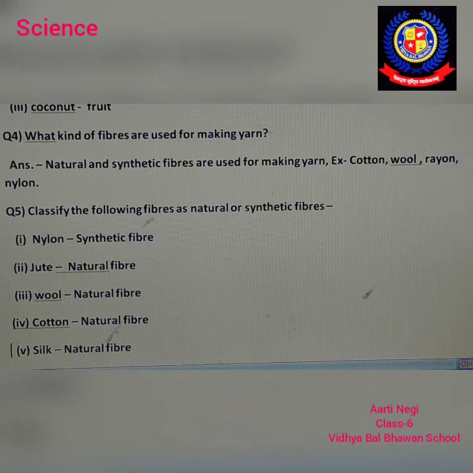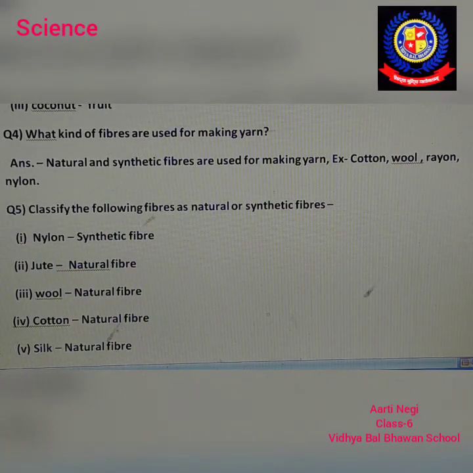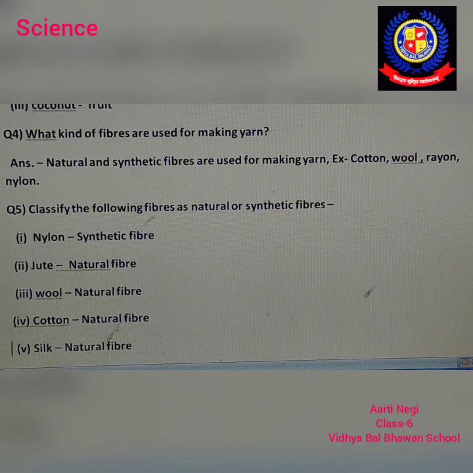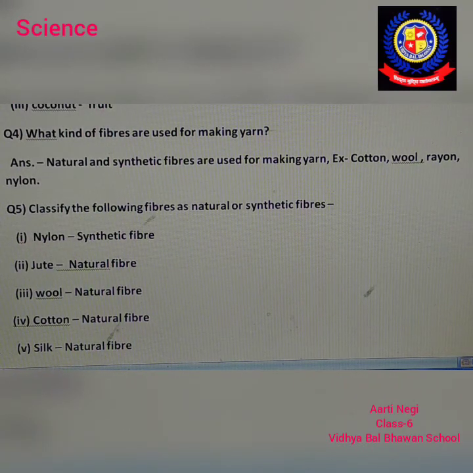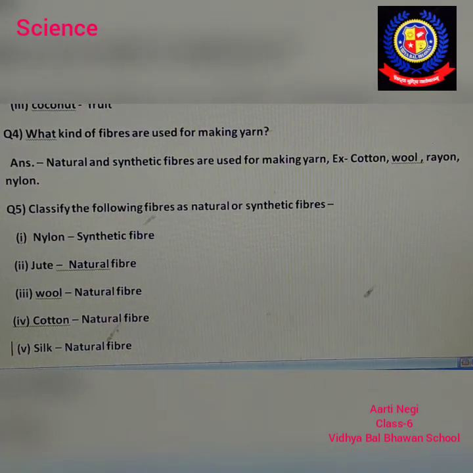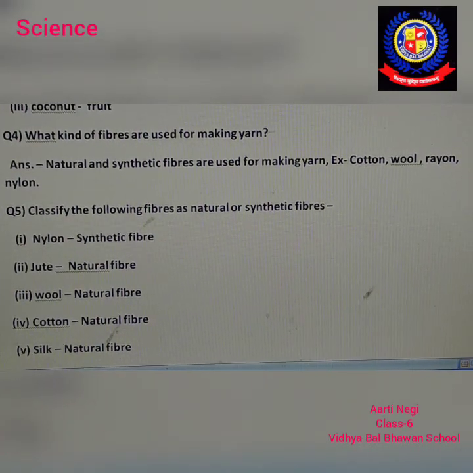Classify the following fibers as natural or synthetic fibers. Here many fibers are given, and you have to find out whether they are natural, means obtained from nature, or synthetic, means man-made.